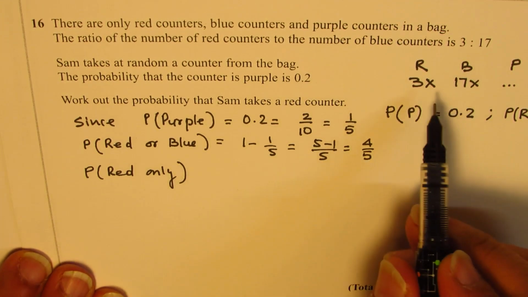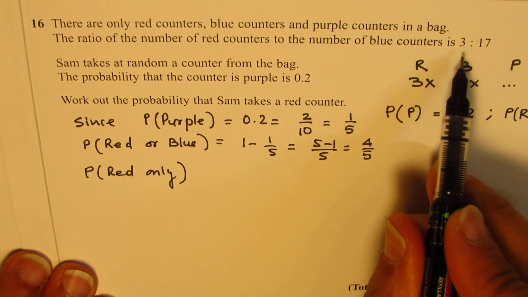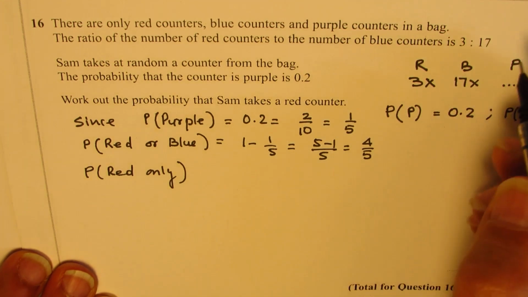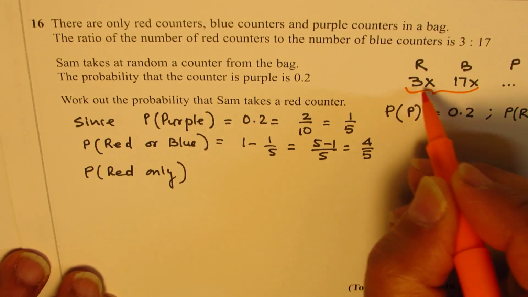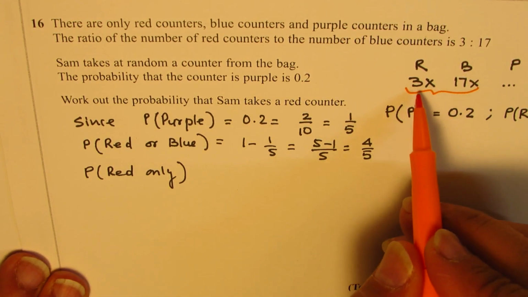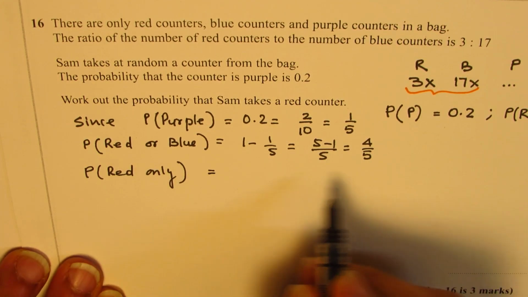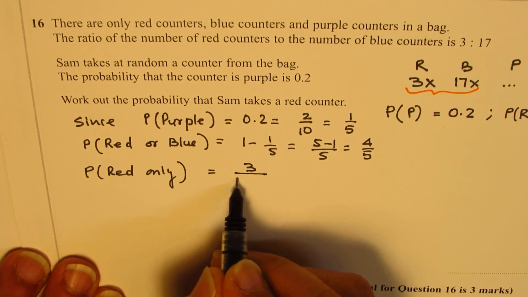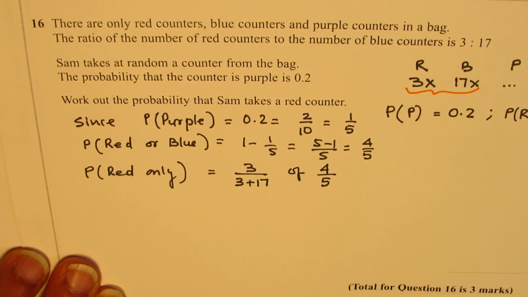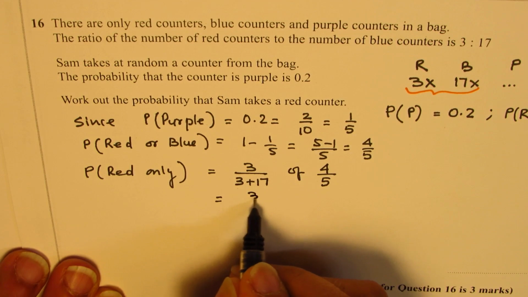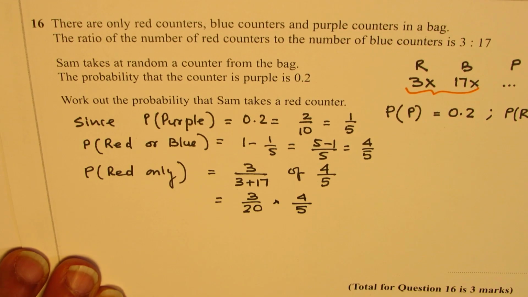So when we say that red and blue are in the ratio of 3:17, that means basically if we have 20, then the probability of red is 3/20, correct? So this is the probability of red only: 3 out of 3 plus 17, or 3 out of 20, times 4 out of 5. Clear?